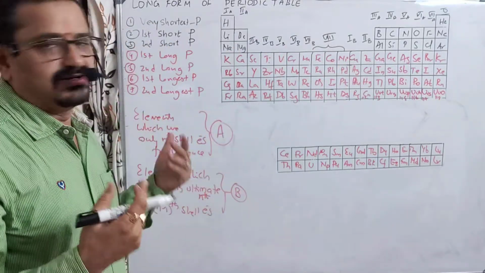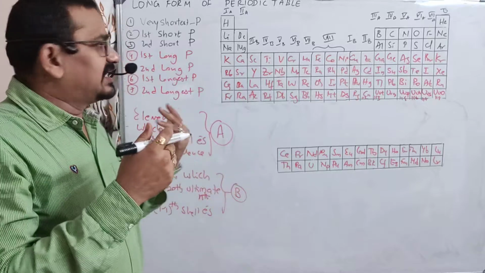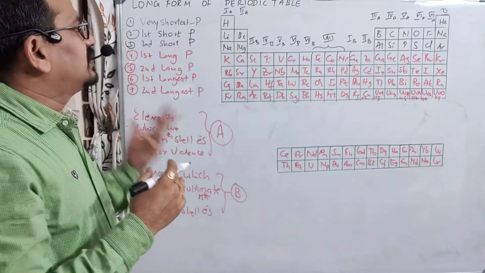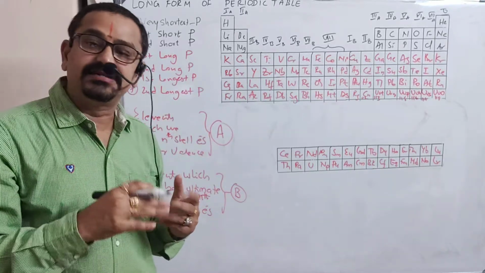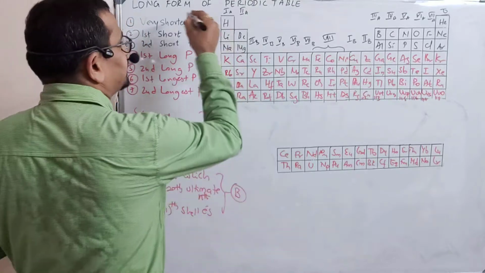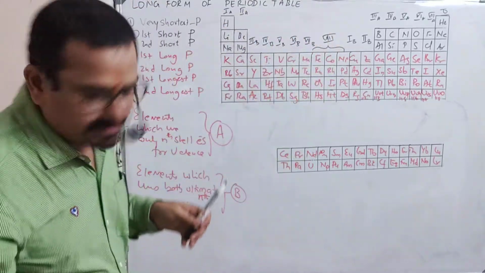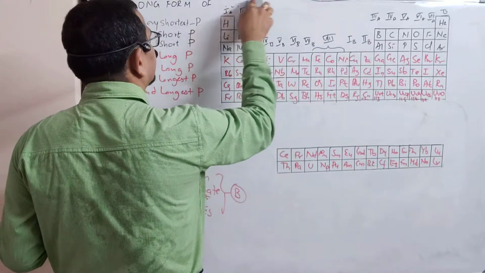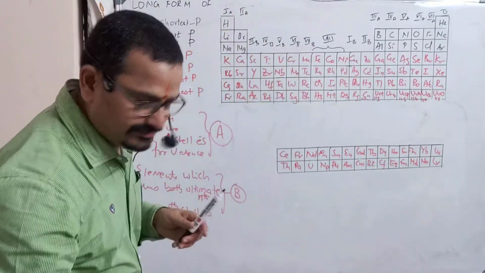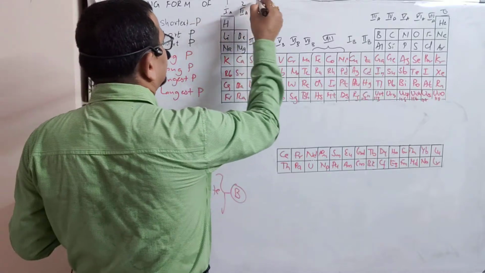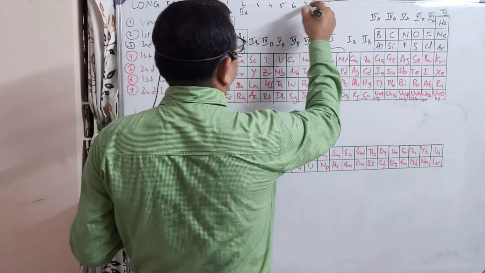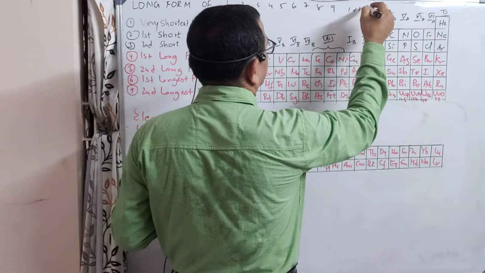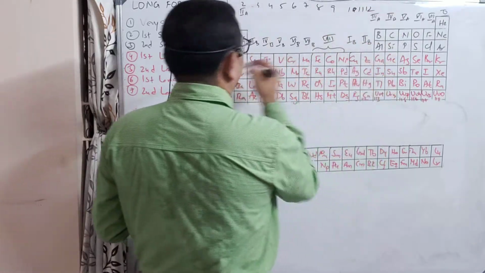But recently, around the last 15 to 20 years, we are using a specific numbering system given by IUPAC, according to which there is a continuous numbering of these groups. Namely, this is group 1, 2, 3, 4, 5, 6, 7, 8, 9, 10, 11, 12. 10 plus 2, 12.